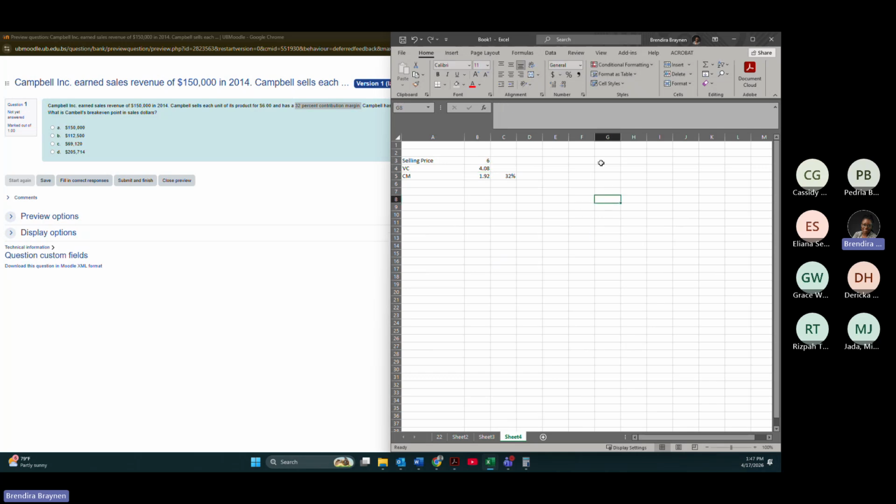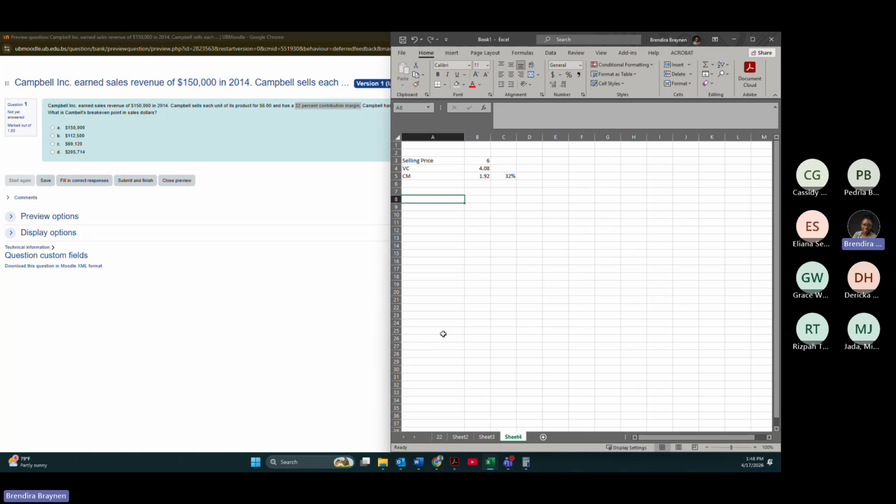Now I'm doing it the other way around. It may not be exactly like these answers, but it should be close. But that means my variable cost is about $4.08. My selling price is 6 and my contribution margin is $1.92.